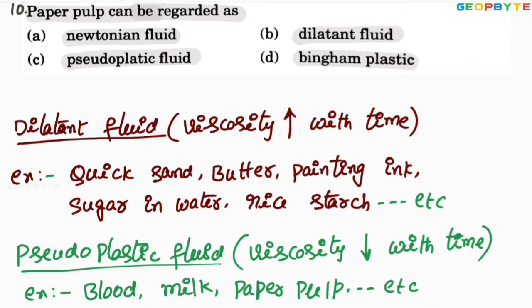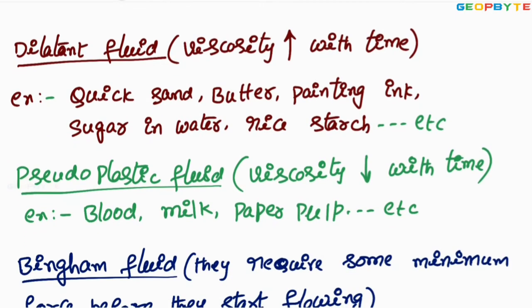Before answering, first let us know the meaning of dilatant fluid, pseudoplastic fluid and Bingham fluid. Dilatant fluid means viscosity increases with time. If viscosity of any liquid increases with time, such kind of liquid is called dilatant fluid.